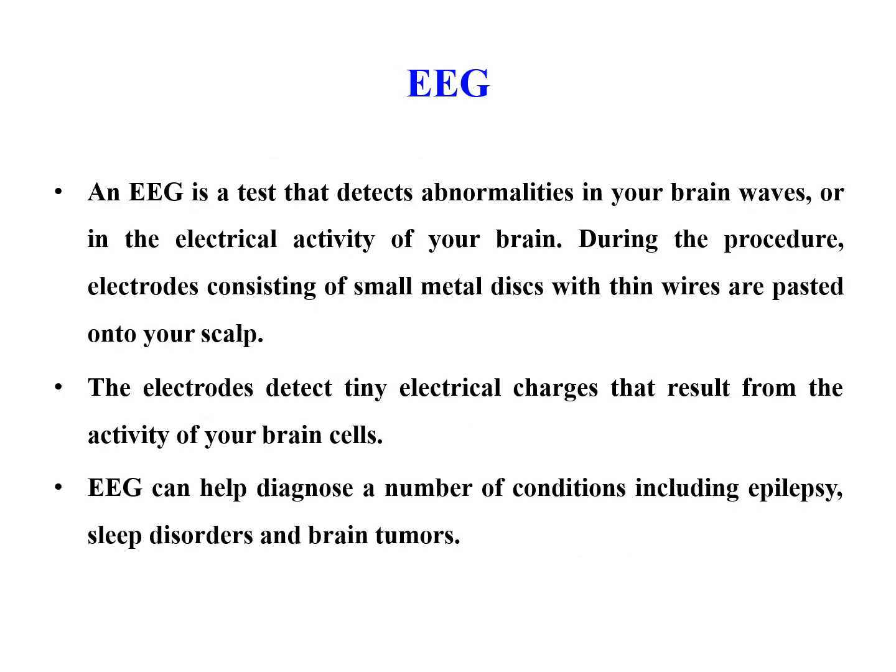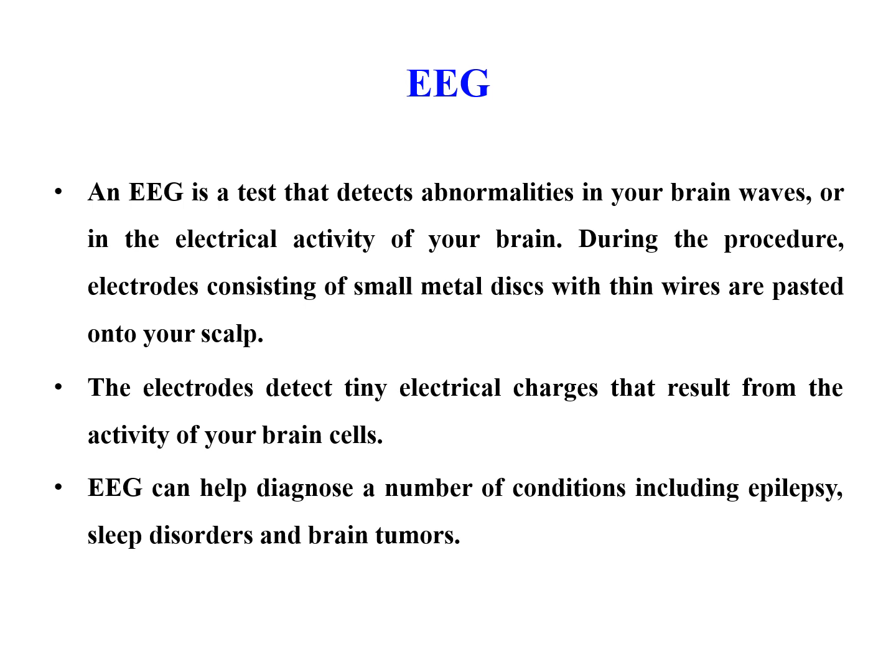Next is the electroencephalogram. The electroencephalogram detects abnormalities in your brain waves, and the electrical activity of the brain is measured. The electrodes consist of small metal discs with thin wires pasted onto your skull.